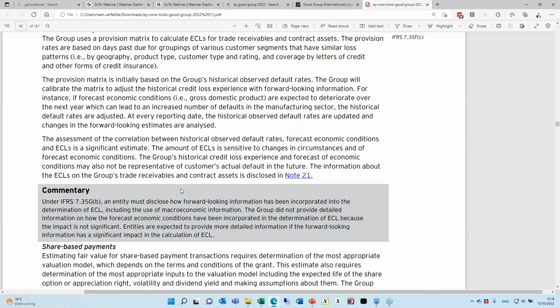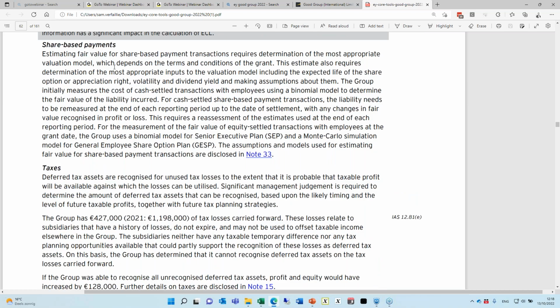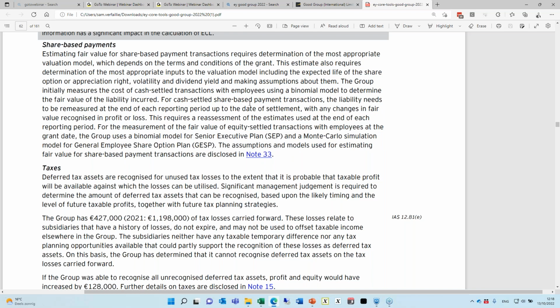That's a judgment being done. And then also about the inputs. You will have to estimate the inputs. Even if it's a Black-Scholes, you will estimate the volatility. You will estimate the term of the option. Those are significant estimates, and you will need to explain them in your significant estimates, referring to the note where you have all your assumptions and the model explained.